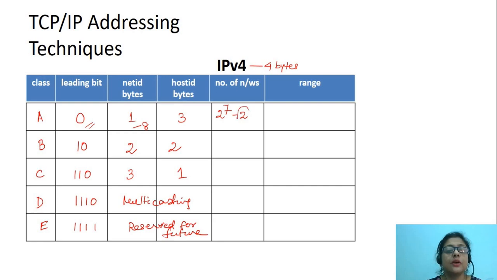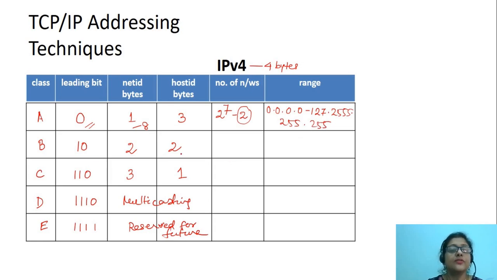Why minus 2? Because there are 2 special addresses which are not used. And the range is 0.0.0.0 to 127.255.255.255. This is the range of Class A addresses.